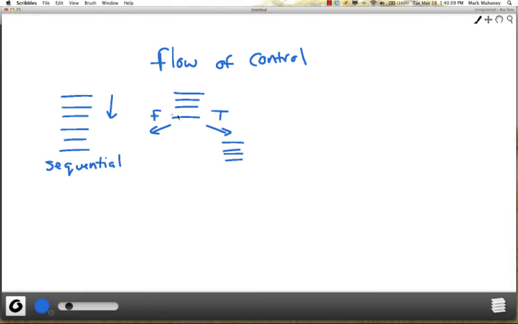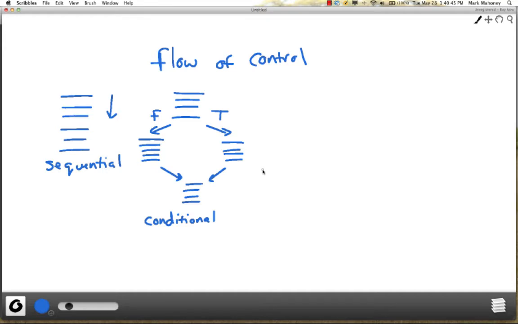And if that question that we ask turns out to be false, we'll do something else. We never do both. We always pick one or the other. And then eventually we go back to our normal sequential flow of control. So there's usually 2 paths, although there can be more than 2. You take one of these paths, you never take them both. Okay, and we'll talk about conditional logic soon.